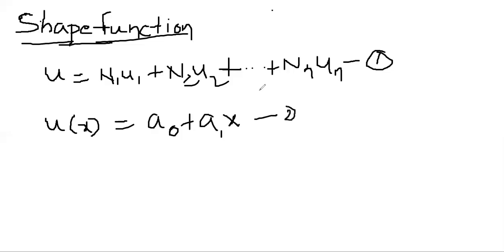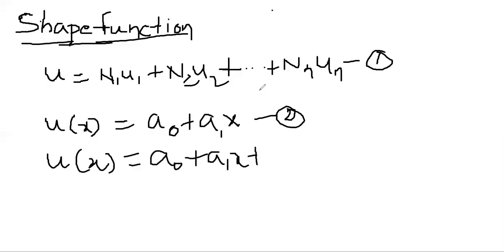This is another equation, one-dimensional case. Similarly, u of x is equal to a naught plus a1x plus a2x square. This is the third equation, for the one-dimensional case.